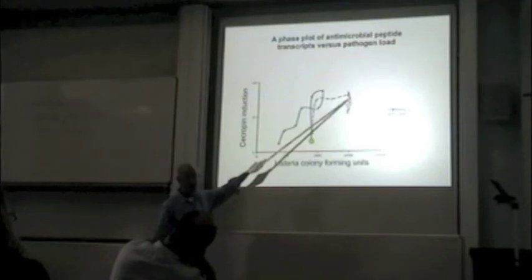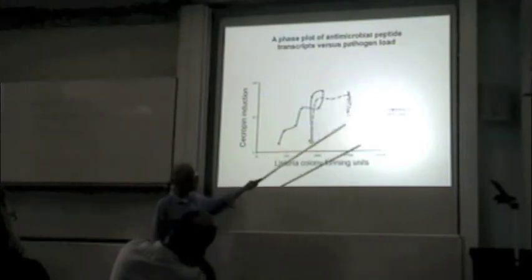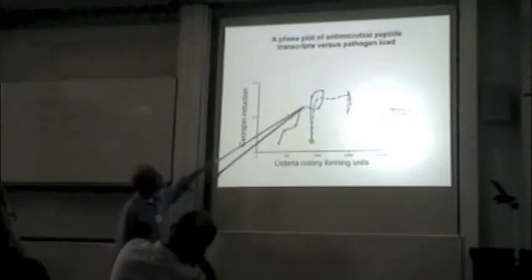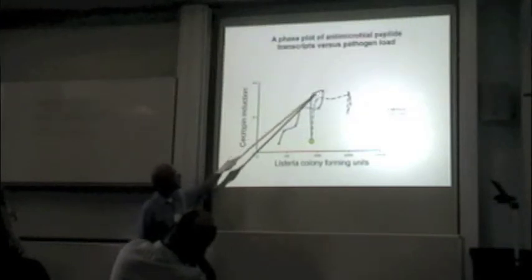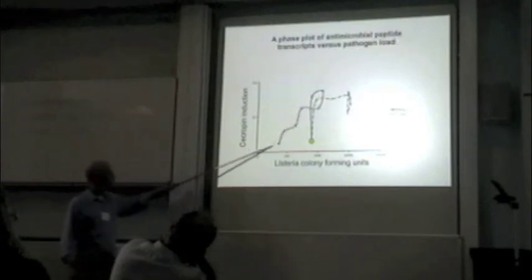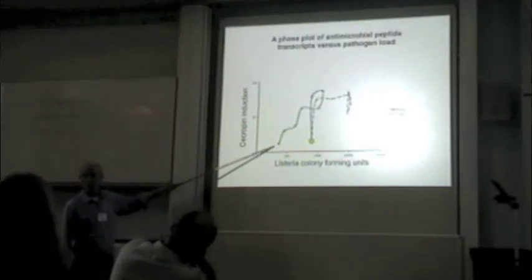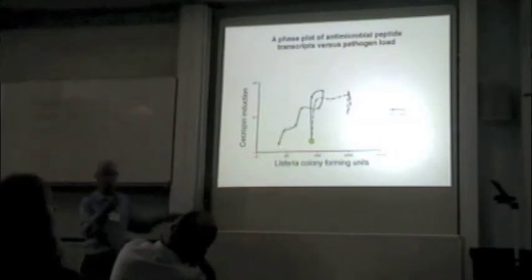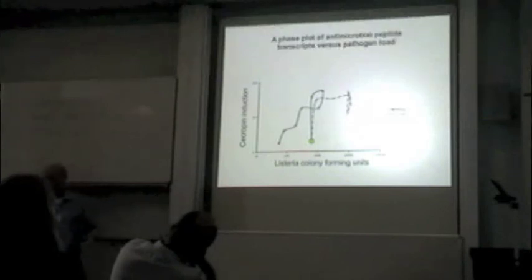And eventually it will die without the antimicrobial peptide ever coming back down. If you treat it with antibiotics, you end up with an initial pulse of antimicrobial peptide, and then as you clear, you get this linear reduction in antimicrobial peptide production as the bacteria are cleared. So we can see that we're going to be able to see some of these relationships.